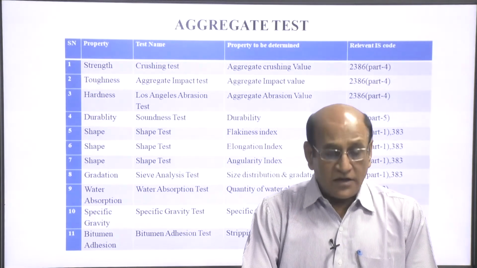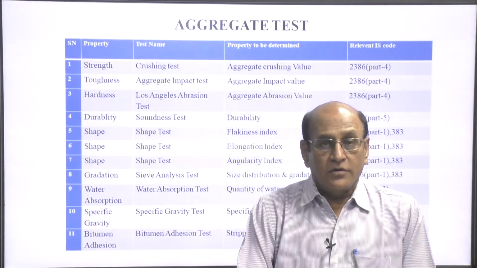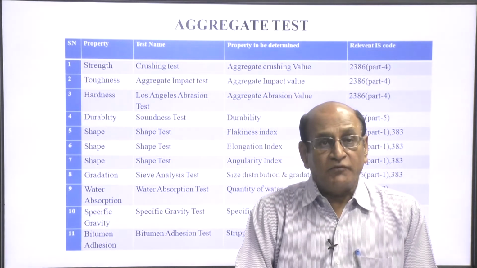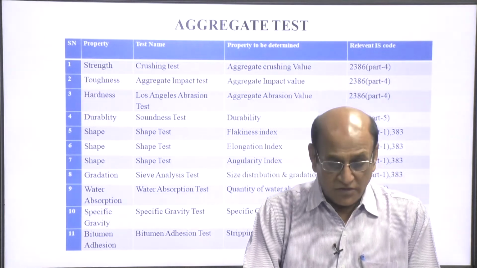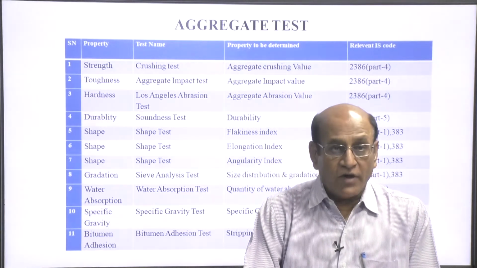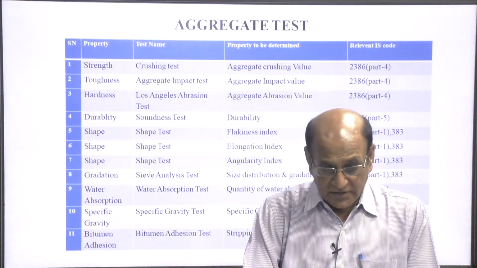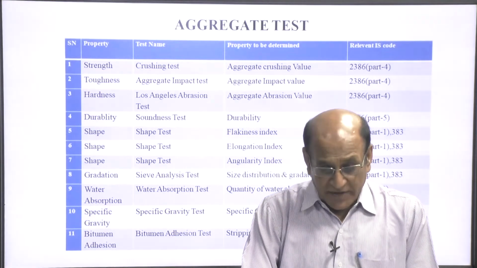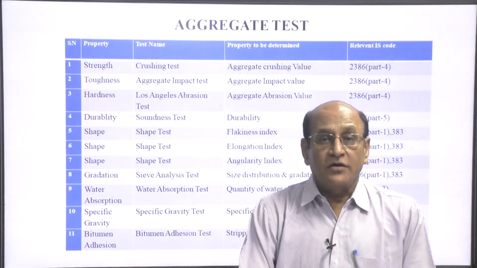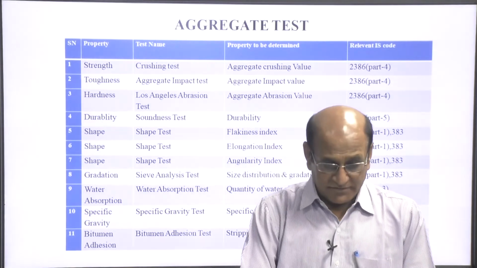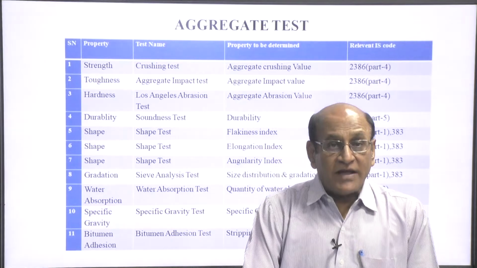So, these are the properties required to be tested before starting the work. So, here is the chart in which are the properties required, name of the test, property to be determined and relevant IS code by which we conduct the experiment. So, we will discuss one by one.